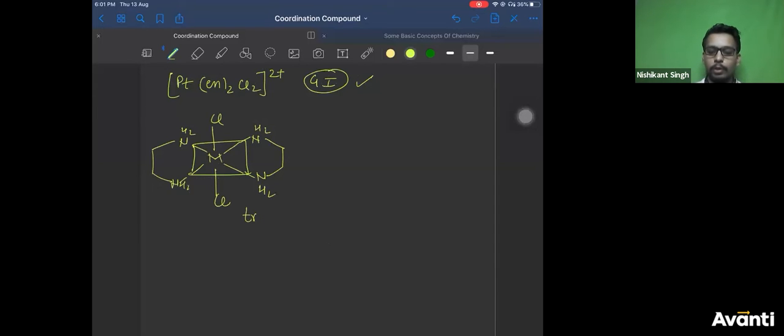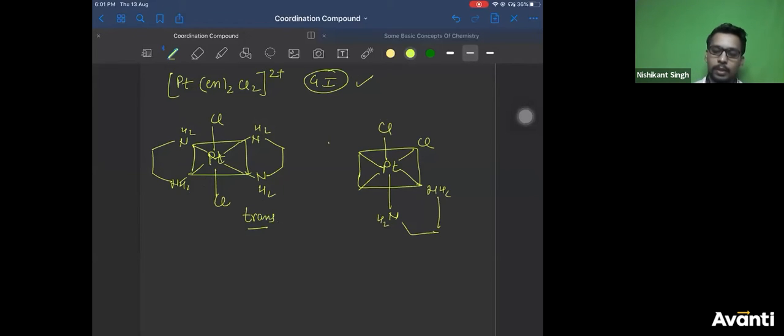So this is a trans molecule. The other possibility is, this is platinum. You keep both the Cl 90 degrees to each other. And the other positions are occupied by ethylene diamine, NH2, NH2, CH2, CH2, NH2, CH2, CH2, NH2, right? So this is another molecule.